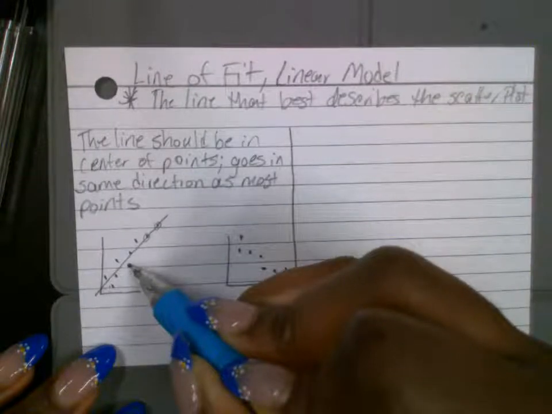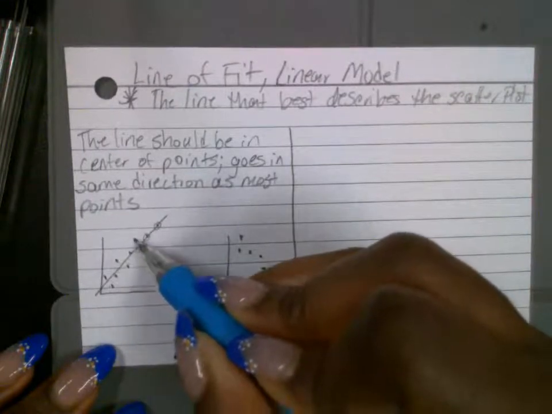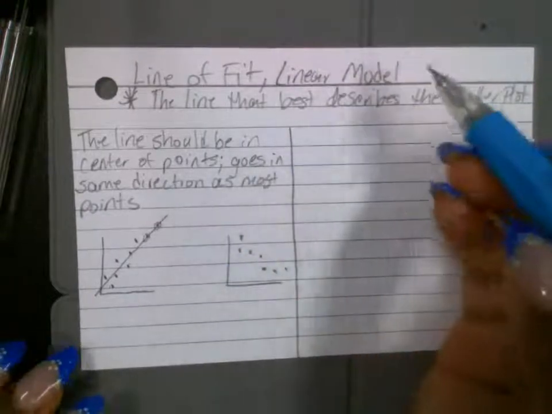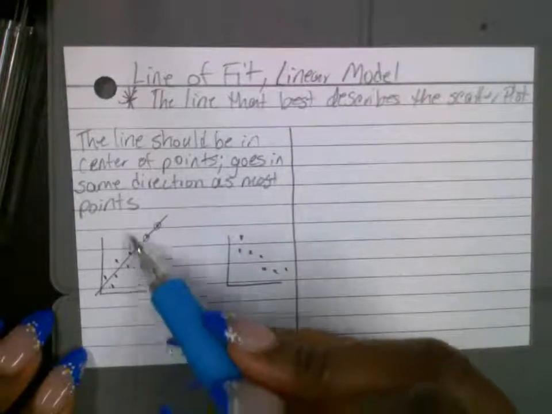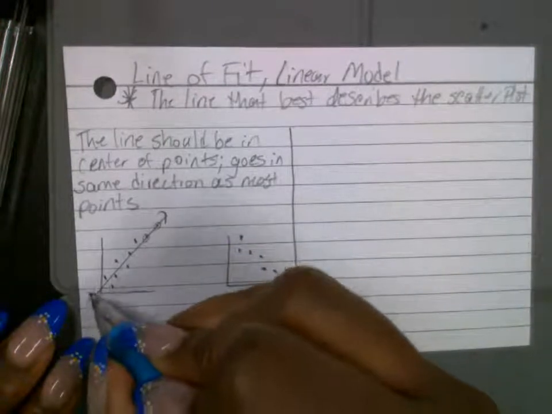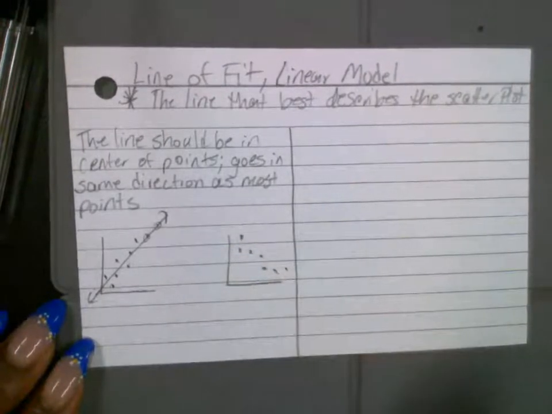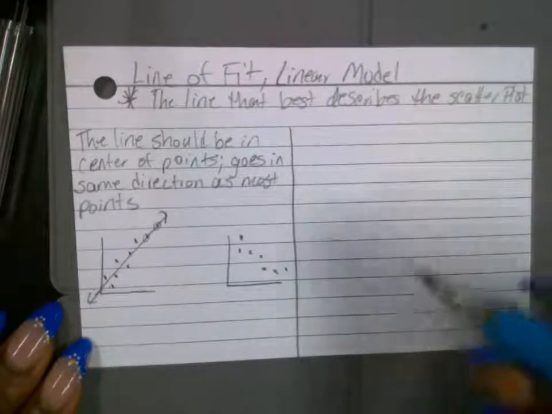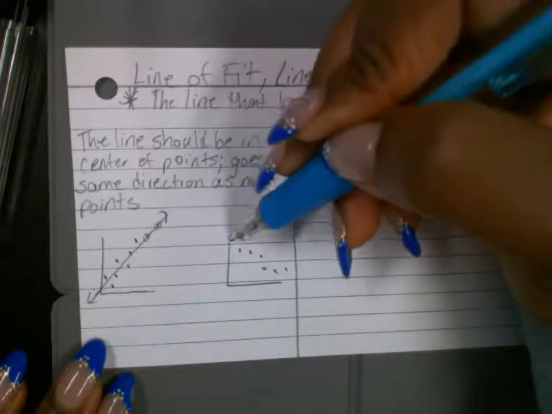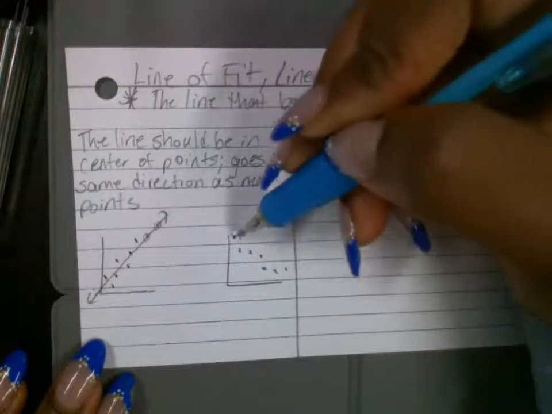1, 2, 3. 1, 2, 3 on the top. Possibly 2 on the line. So this is a good line of best fit because the line is kind of in the middle. For this line of best fit, the line has to go down because your points are going down.